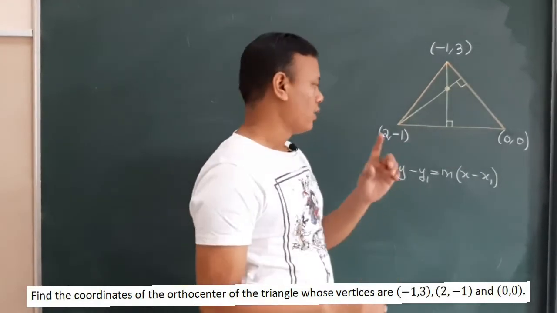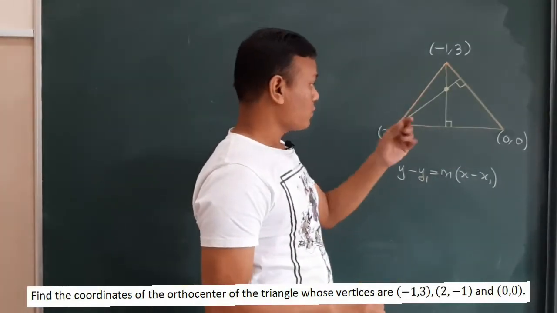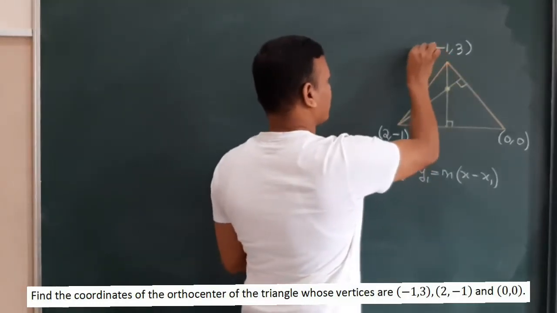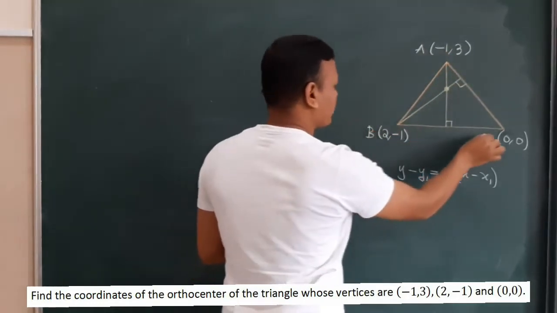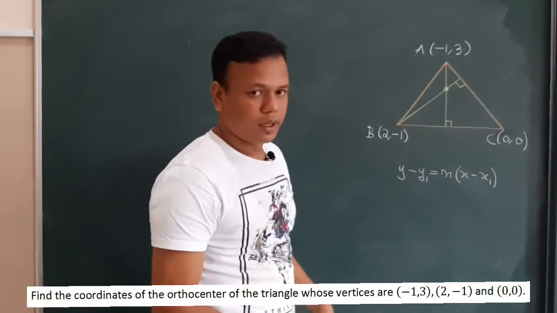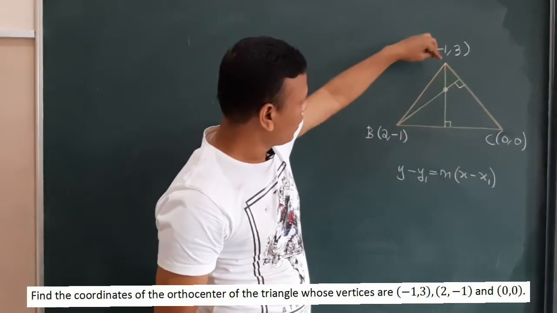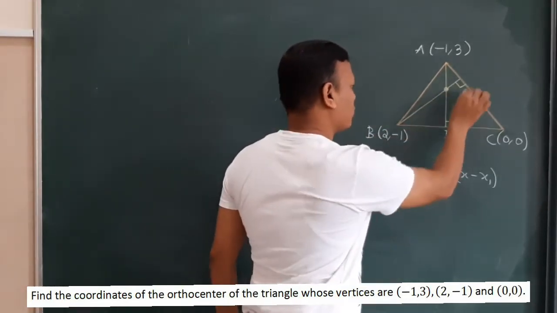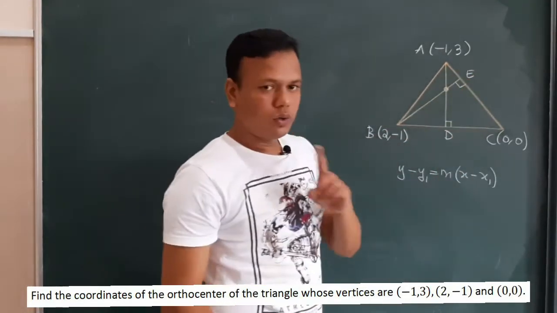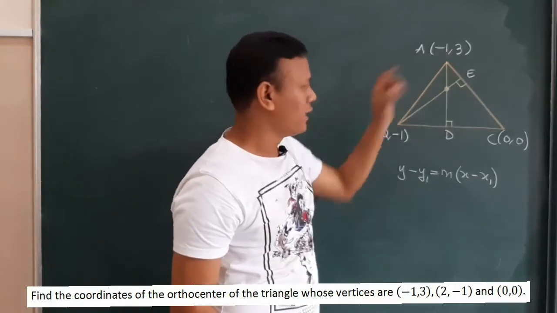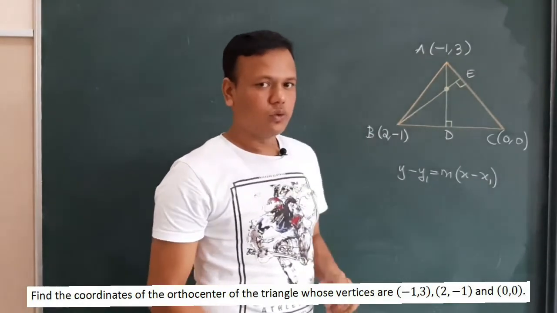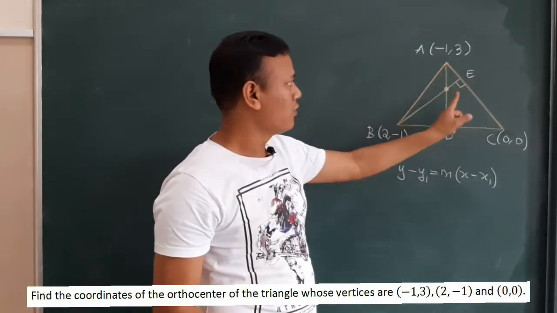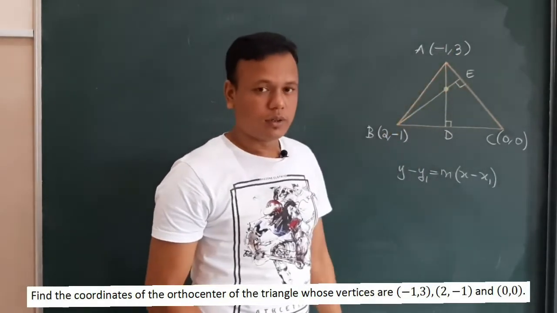Now let me write this as A, this as B, and this as point C. Let me call this point D and this one E. If you want to find the equation of AD, we know the point through which the line passes, that is (-1, 3).